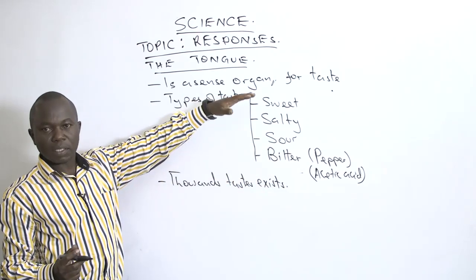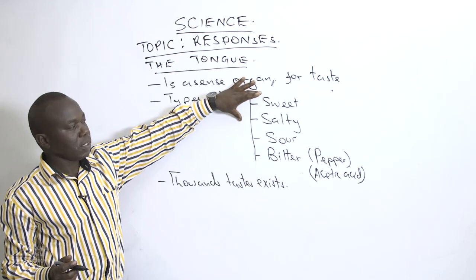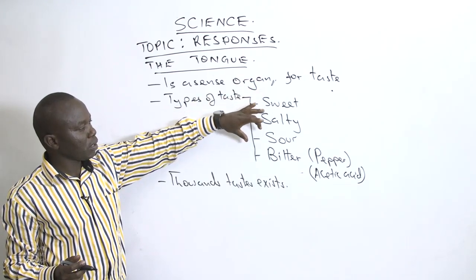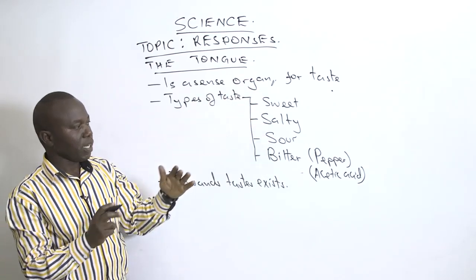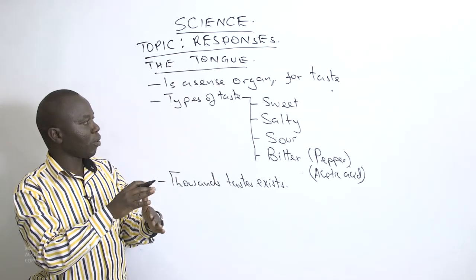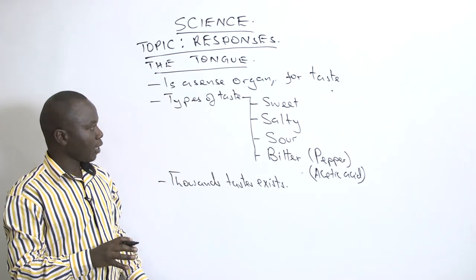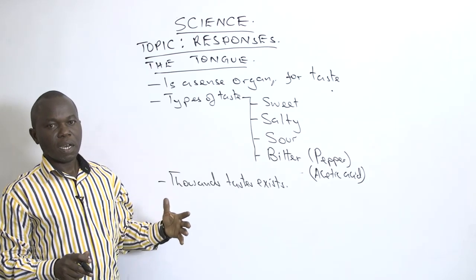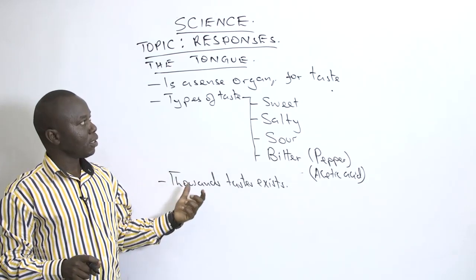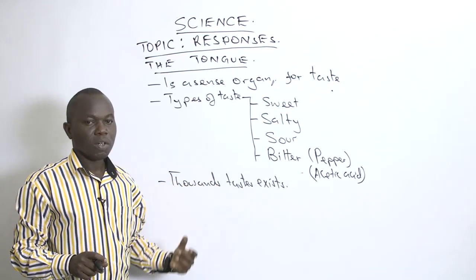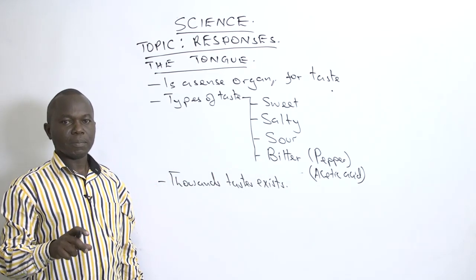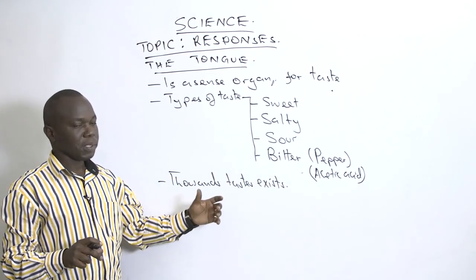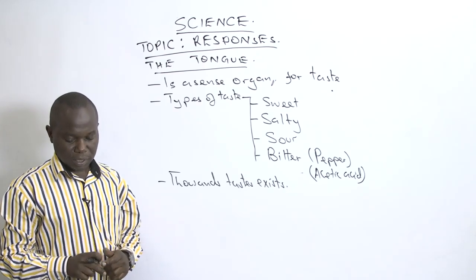So we cannot just narrow ourselves to sweet, salt, sour, bitter taste. We have some tastes that will overlap with each other. So the question is, how is it possible that the tongue is able to taste all this? Then it must be having some specialized structures for that purpose.